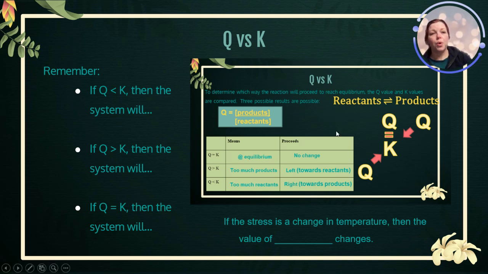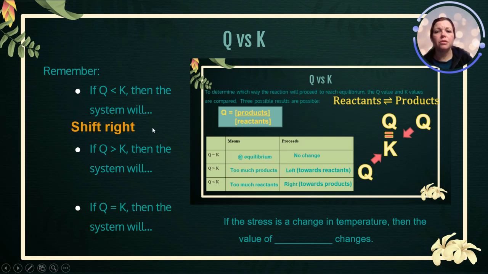We talked about what happens with the Q versus K, and this is exactly the same conversation. The only difference in this case is that in that case, we didn't know in which direction the reaction was going to proceed to begin with. Now the reaction has been going for a while. It reached equilibrium. We're going to stress it, and now we need to figure out which way it's going to shift. You can still use the word proceeds to reestablish equilibrium, but nothing else changes.